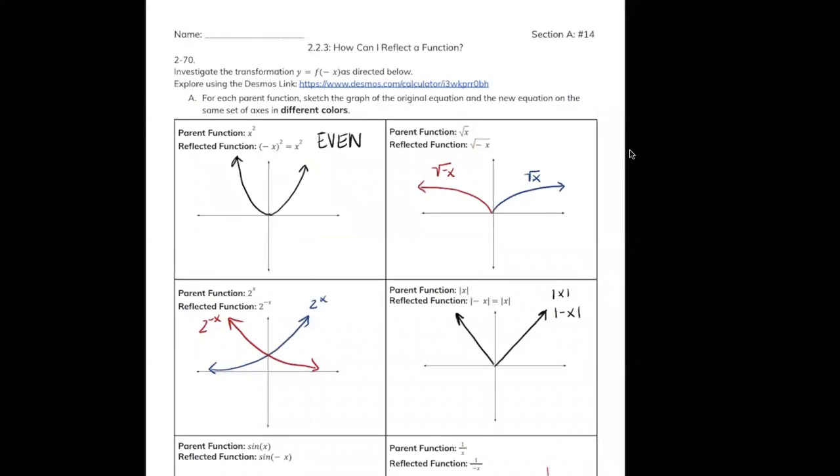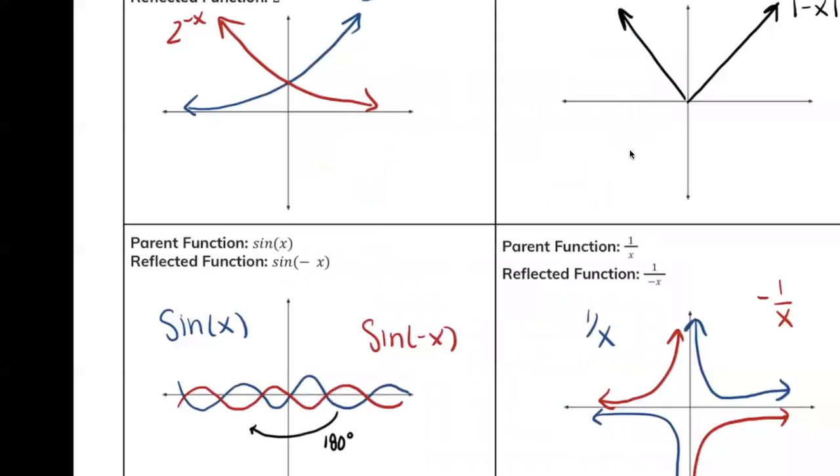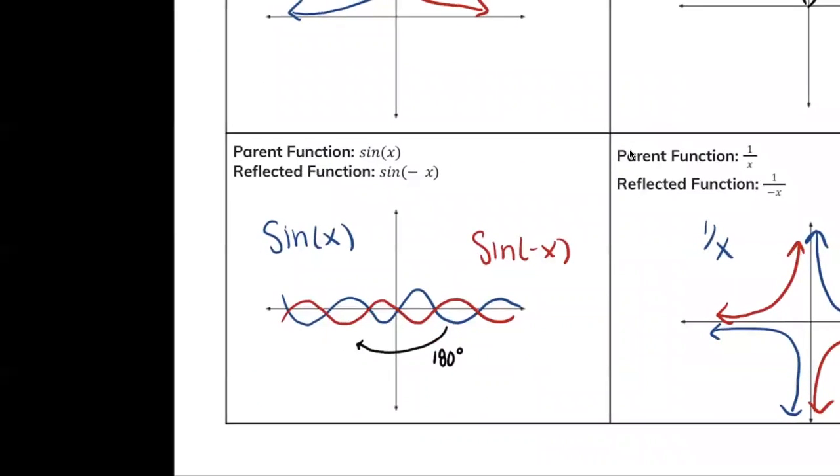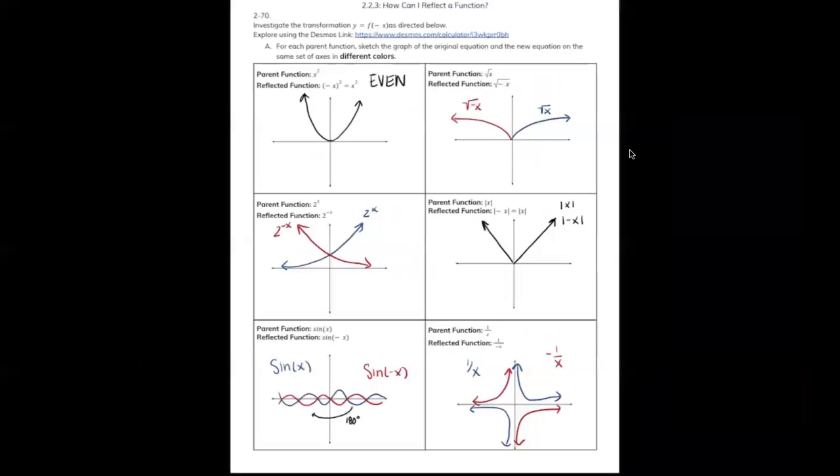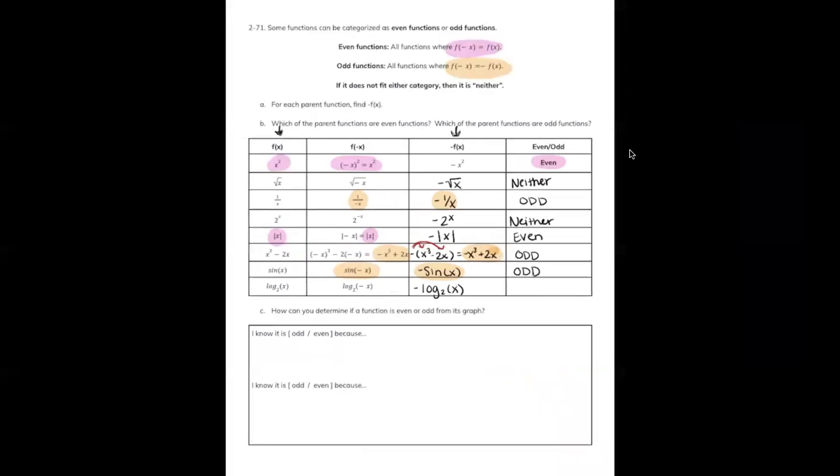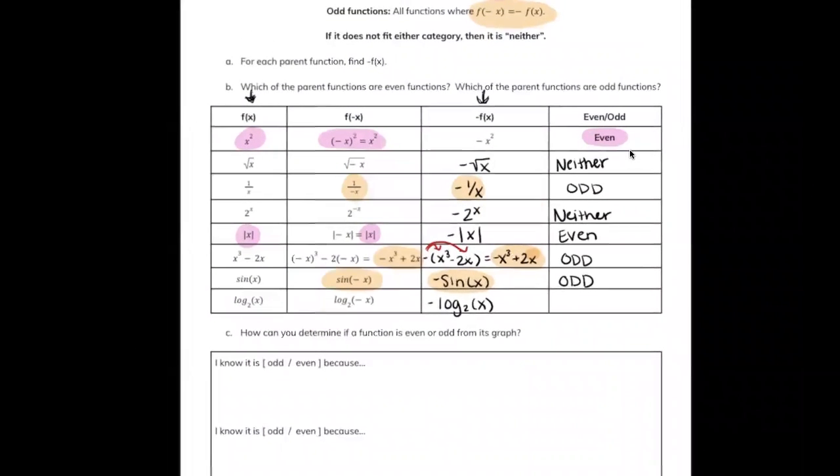So just to reiterate, in case that didn't pop up on my screen, if we go back to this first page, we know that sine is odd because if we rotate that blue graph 180 degrees, we end up with the red graph. And then last but not least, we have our logarithmic function, and our logarithmic function is neither.